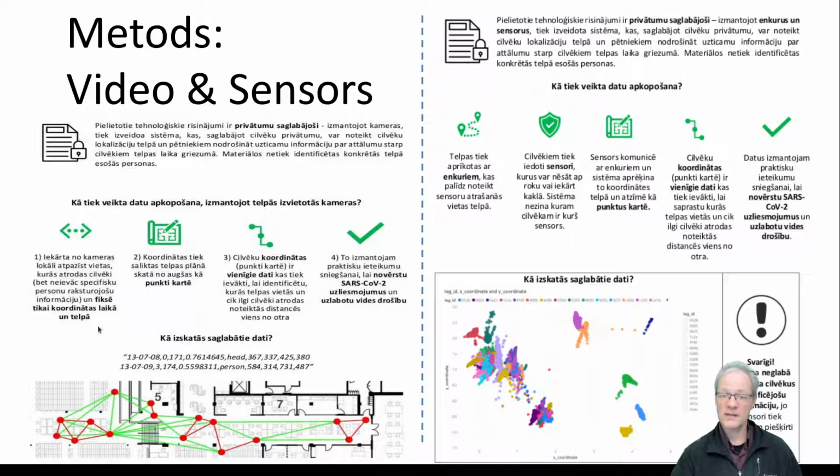One was creating smart cameras, video analysis, and the other was using smart sensors, basically something that you carry with you, and that would provide more precision than cameras. All right. But once again, everything was very much privacy preserving, because we don't want to intrude into people's lives, but we need to figure out where the problematic areas in the environment are, and then we relay that to the management of that environment, and then the management can decide what to do about it.